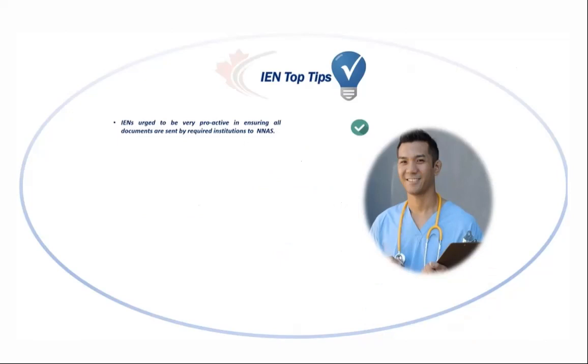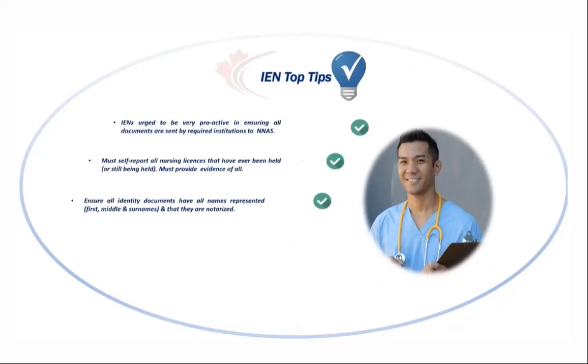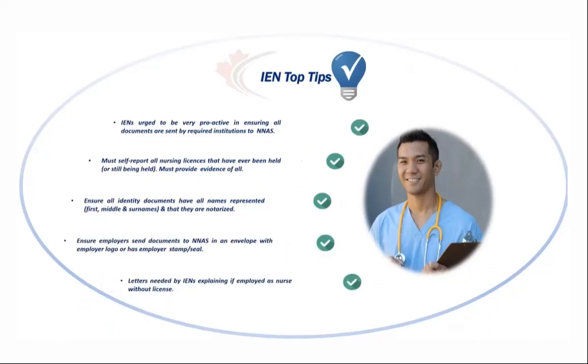So we wanted to put together a few tips for you to make the application process a little smoother. These are things you want to keep in mind when you're completing the process to avoid delays. We urge you to be very proactive in ensuring that the documents are sent by the required institutions to NNAS. You can imagine when anything's being sent internationally from a primary source to NNAS, it can be lengthy just based on the mail time.